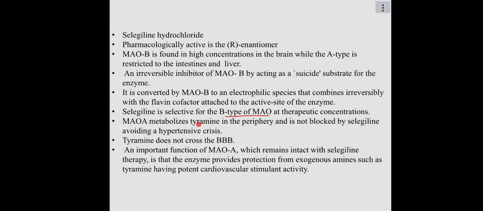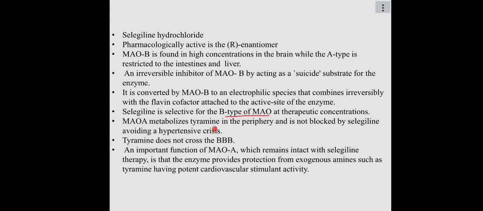It's found in many foods like cheese and so on. But once you eat it and you have your monoamine oxidases, it will not persist. The concentration of tyramine in the periphery will not be very high because your monoamine oxidase is at work, and therefore it will undergo normal metabolism and will not cause a hypertensive crisis.